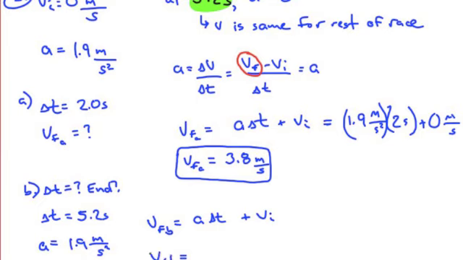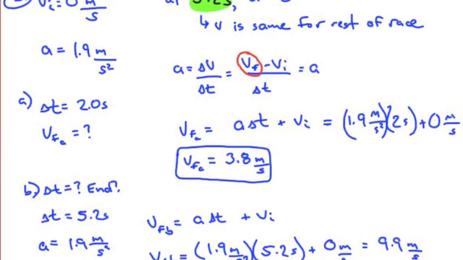VFB is 1.9 meters per second squared times now 5.2 seconds, plus our initial velocity. Hooray, that equals 0 meters per second. So we don't need to worry about adding that. And 1.9 times 5.2 comes out to 9.9 meters per second. That's our velocity final at B. Box that off right there.